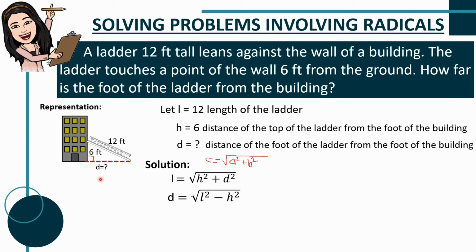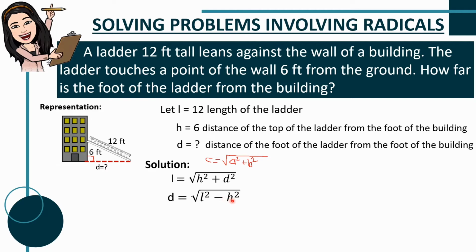Ang D ang nawawala. So, if D ang nawawala, we have to subtract from our hypotenuse. Tama ba? Okay, so that is L squared is equal to h squared plus d squared. So, this will be equal to D is equal to square root of L squared minus what?